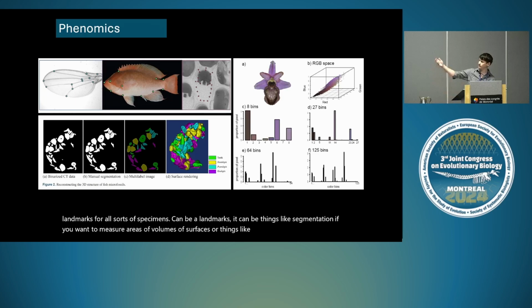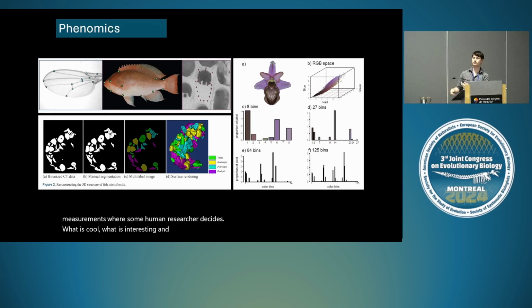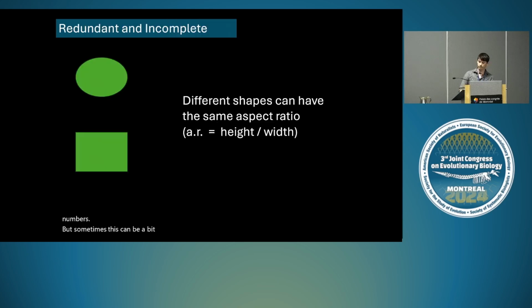And as you might see, in most of these phenomics cases, they're using a traditional idea of measurement, where some human researcher decides what is cool, what is interesting, and they prescribe some method for converting that into numbers. But sometimes this human way of doing it can be a bit limiting, because humans tend to measure things in a way that's both redundant and incomprehensive sometimes.